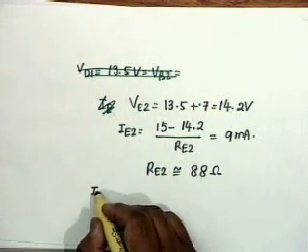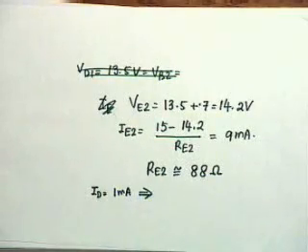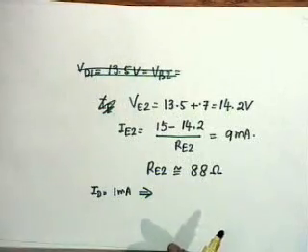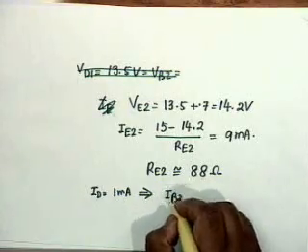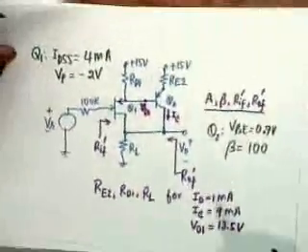Next, I sub D is given as 1 milliampere, and IB2, you look at this.